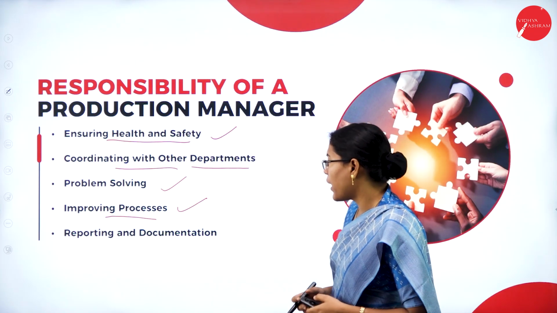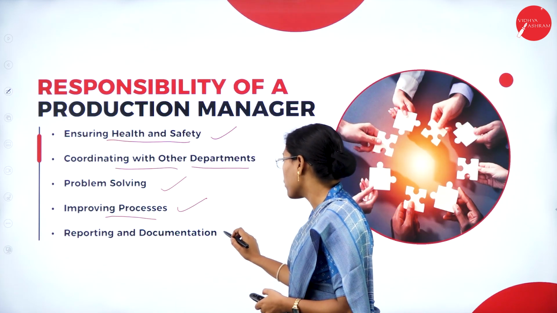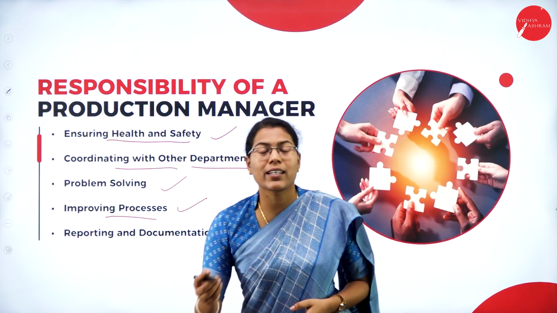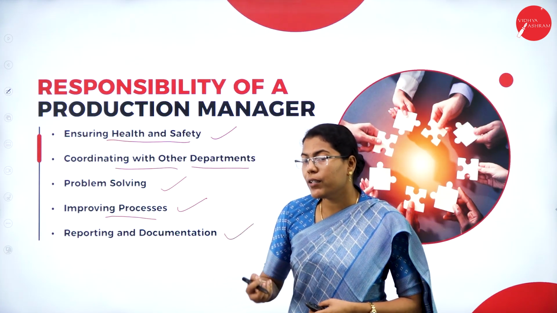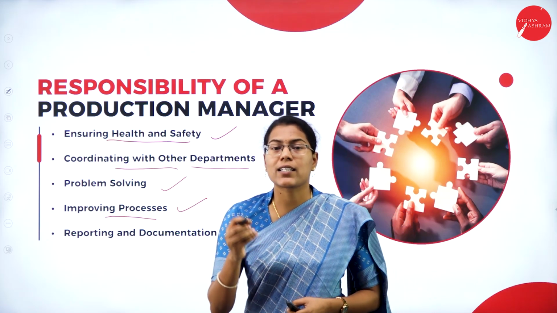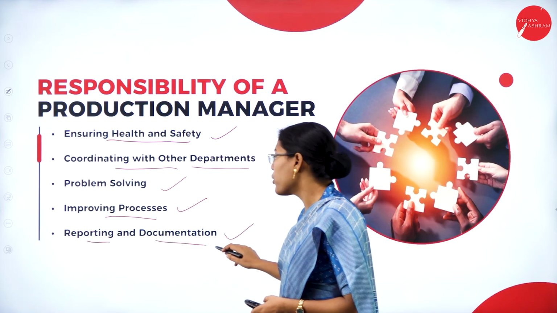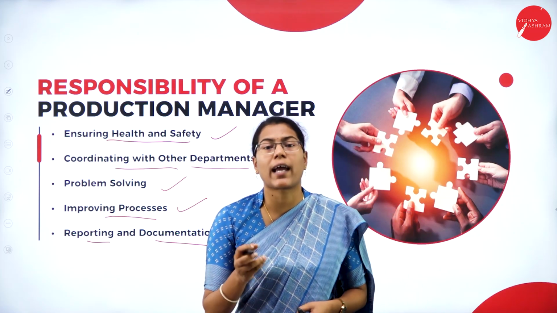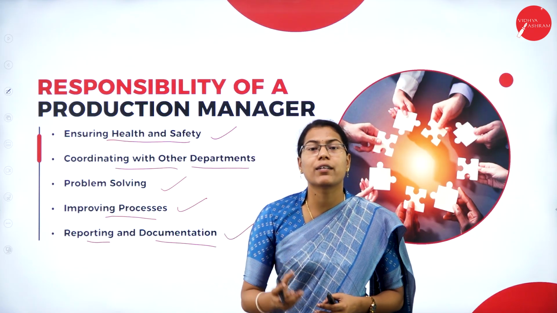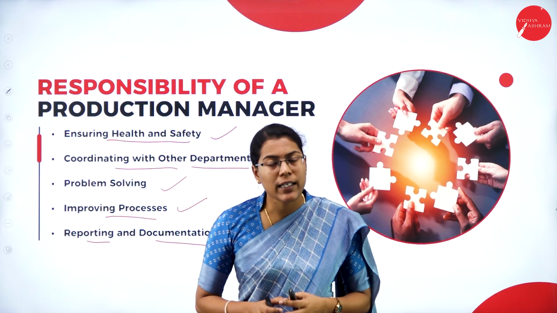And at last, we have reporting and documentation. Just like any other department, even for a production manager, it is important to report as well as maintain a document of every activity that happens in the production department.